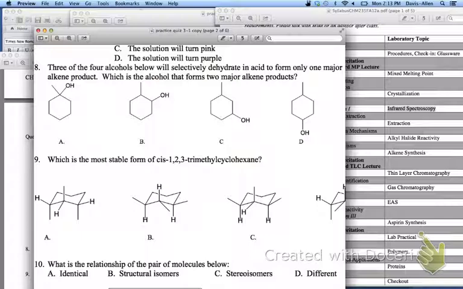Okay? So if we look at each of these cases, for instance, that very first one, we could go through and form the bond in several different places. We've got the red alkene, call it the blue alkene, and the green alkene. What's the difference between the red and the blue alkene?